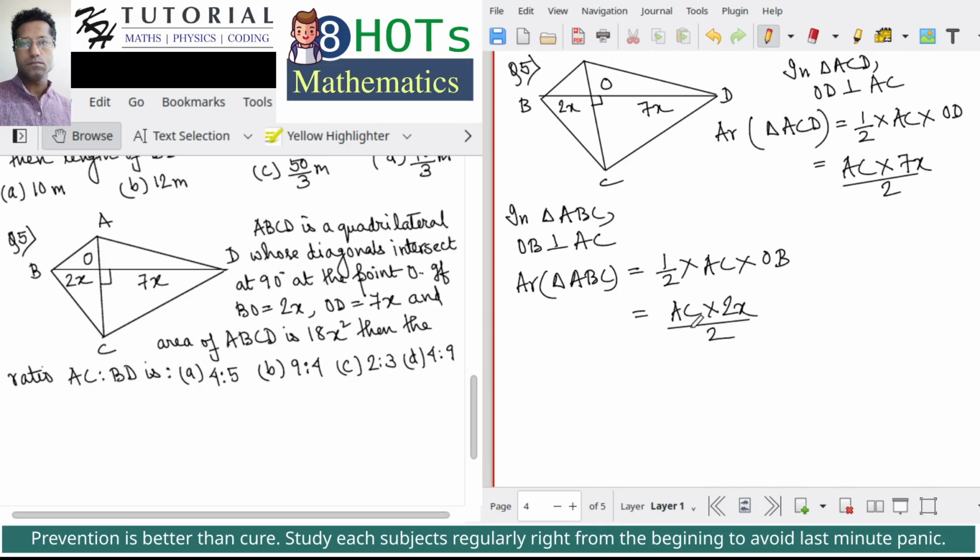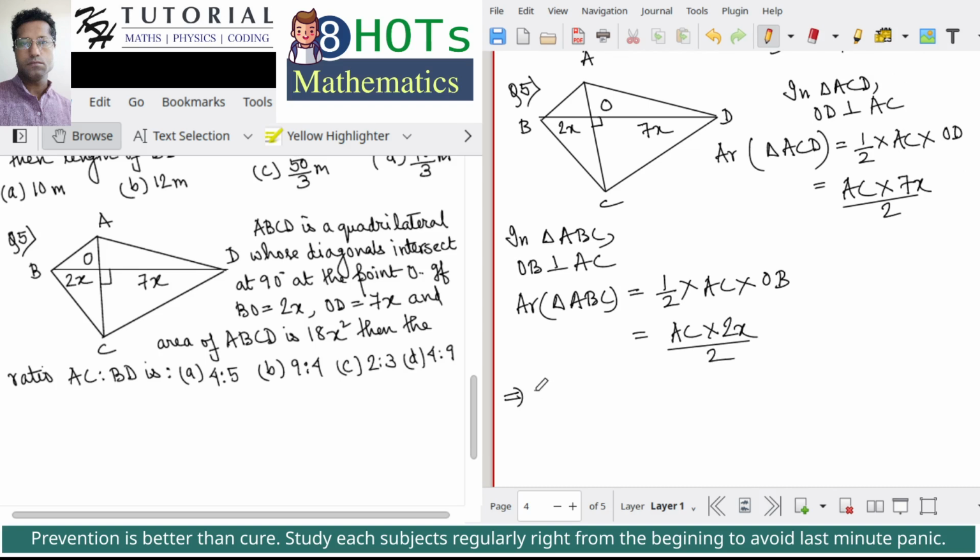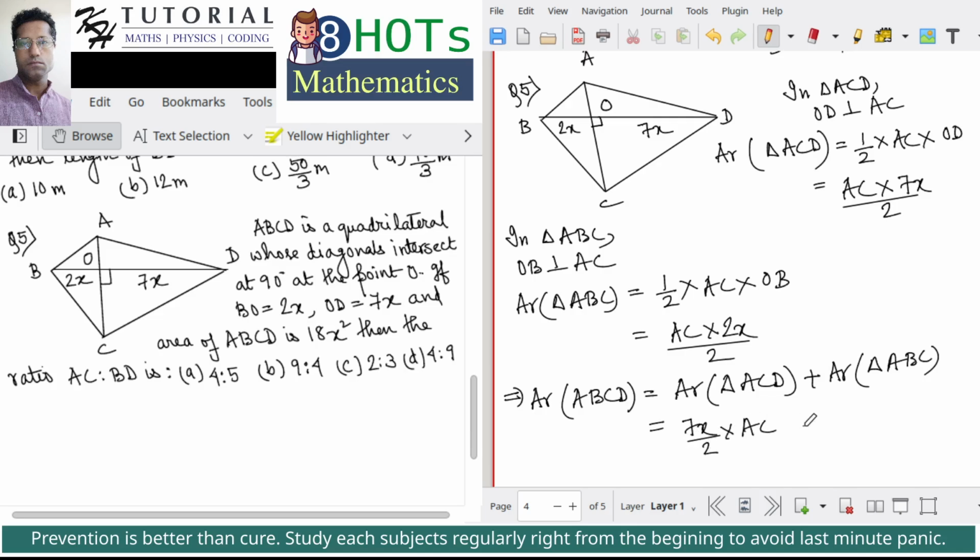Now the area of the entire quadrilateral ABCD will be equal to the area of the two triangles, that is triangle ACD plus the area of triangle ABC. Area of triangle ACD is 7x by 2 multiplied by AC, and the area of triangle ABC is 2x by 2 multiplied by AC.